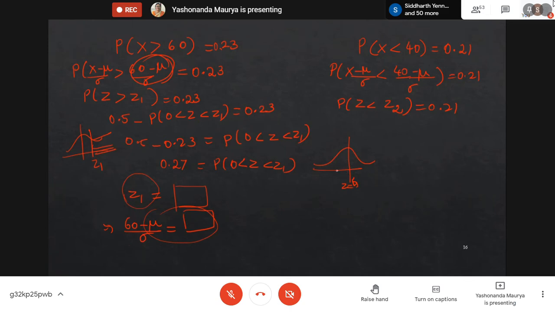So where is z2, left of origin or right of origin? Left of origin. We have to be very careful in identifying whether it is left or right, because if a minus sign differs, then your entire sum will be gone. So we have to be really careful. It is actually the left side.